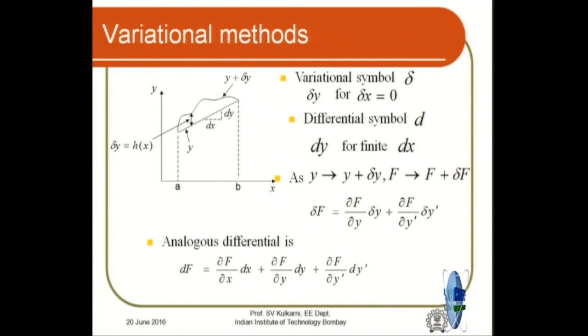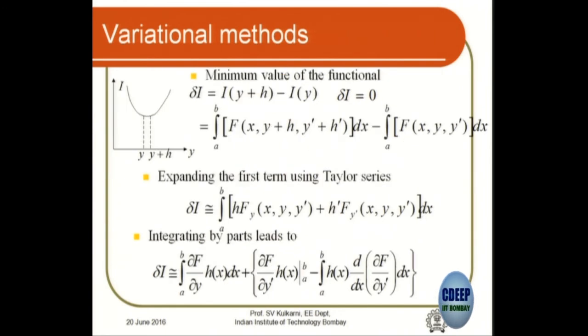But there will be many such possibilities. So basically there are so many y's. When you say y here, y is a vector in the sense it has the potential values of all those points between those two endpoints. So it is not a single potential, it is a set of values. Each y there is a set of values. Follow what I am saying? Is it clear to everybody? This is the main thing in variational.